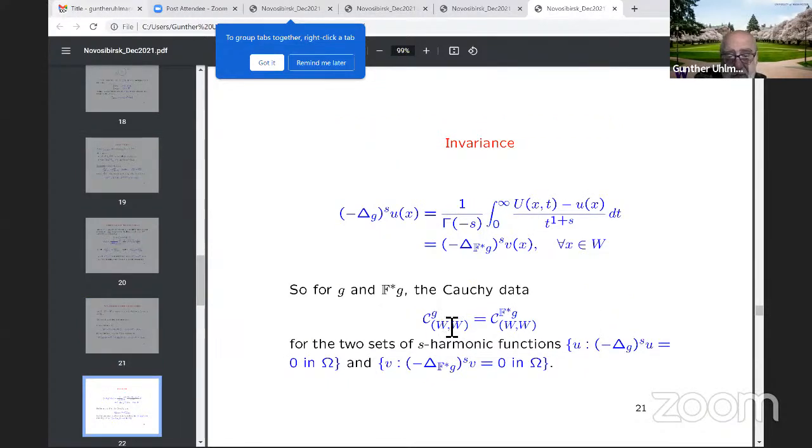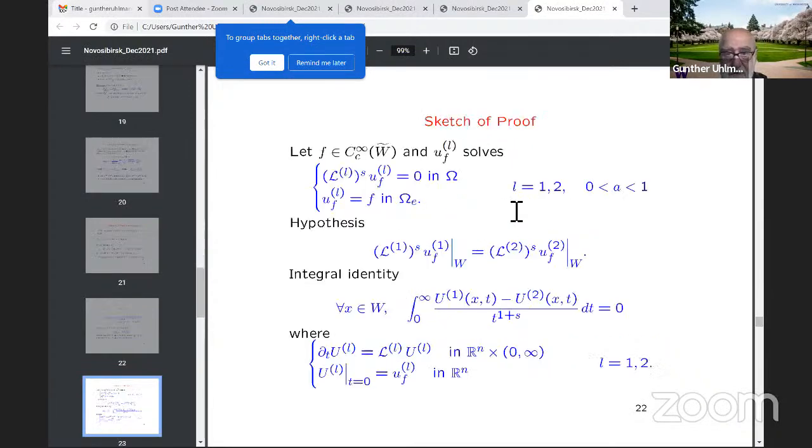Then the Cauchy data for the metric G is the same as the Cauchy data for the pullback of the metric G. So there is the same invariance as we have for the standard Calderon problem, because the heat equation has that invariance, and the fractional operator can be defined via the heat equation using this process.